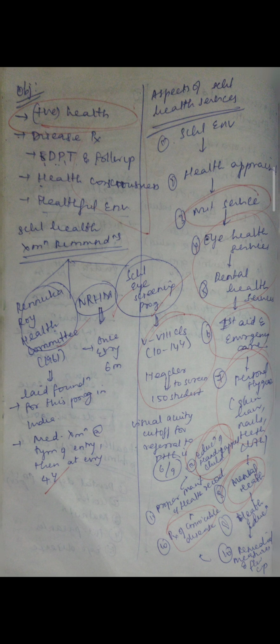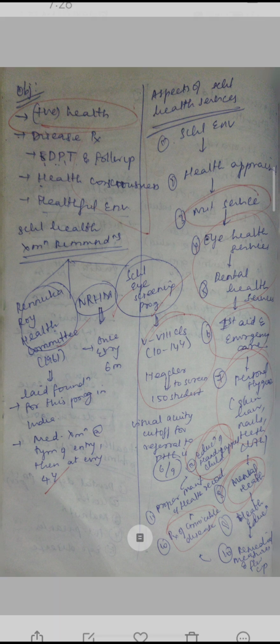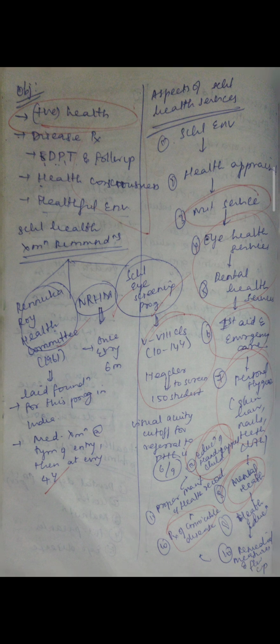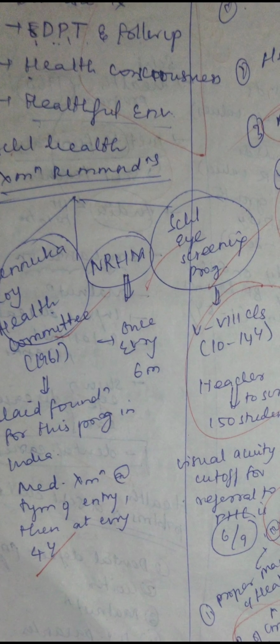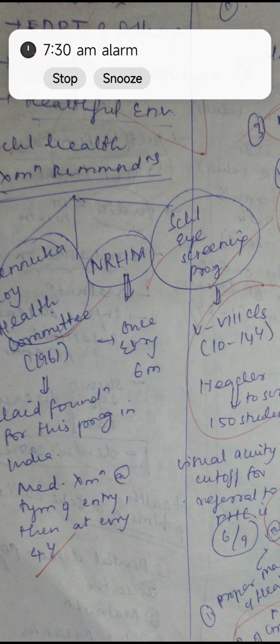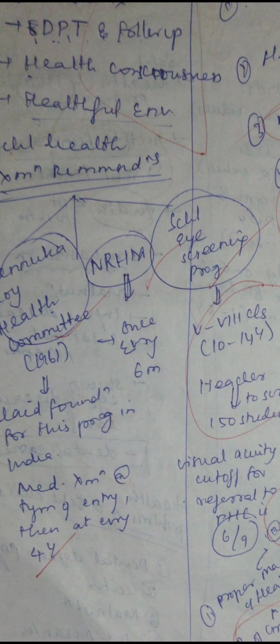Also, school health examination recommendations according to the Renuka Rai Committee, the National Rural Health Mission and the School Eye Screening Program. The Renuka Rai Health Committee recommended that school students be routinely examined for a period of 4 years, and the National Rural Health Mission recommended school child health examinations every 6 months.